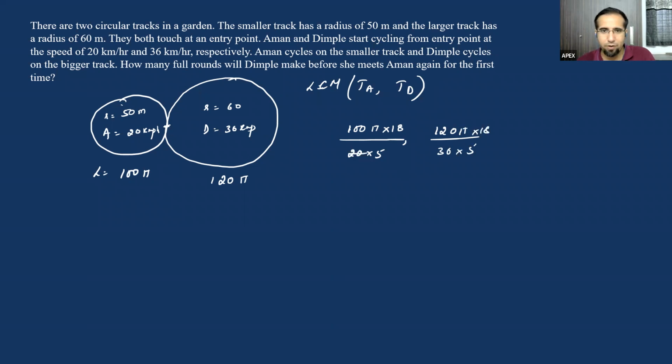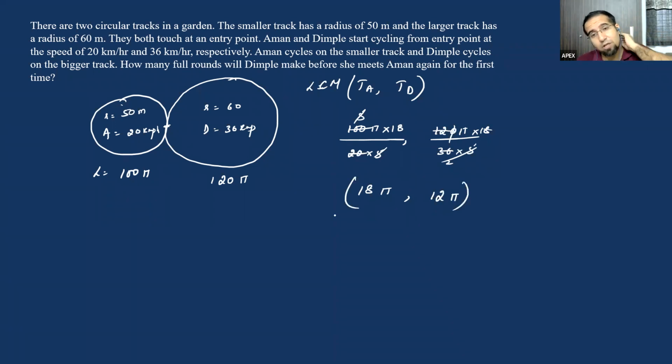If we simplify, 18 pi seconds is the time taken by Aman to complete one round. And simplifying the other, 12 pi seconds is the time taken by Dimple to cover one round.